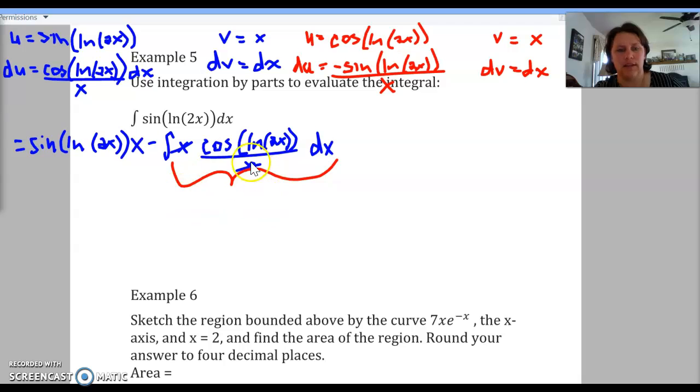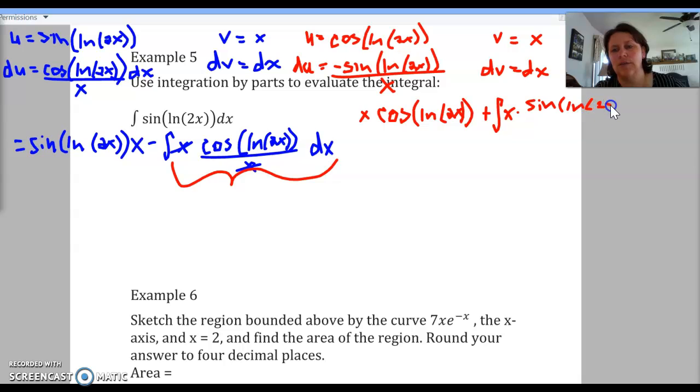And now we're ready to write this one out again. So now we have just this part here is equal to uv, so cosine of natural log of 2x times x, I'm going to put that out in front, minus the integral of v du, which is negative sine, so I'm going to cancel out my sign there, and then have the sine of the natural log of 2x over x.